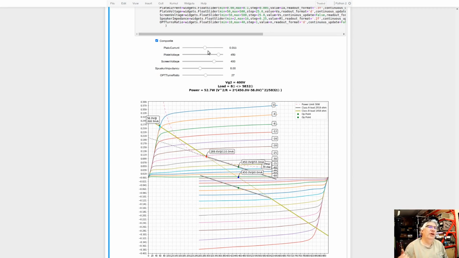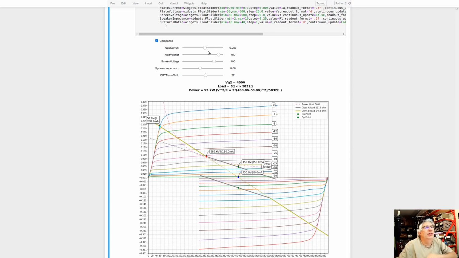We can vary the plate current, we can vary the screen voltage, we can vary the plate voltage, we can vary the speaker impedance and the turns ratio. So the first thing I want to talk about is varying. What do we want to change?